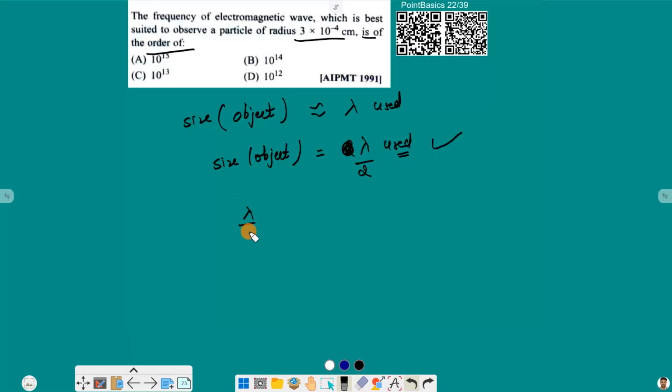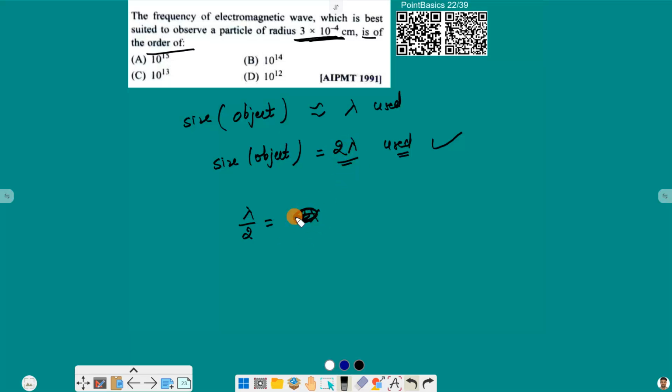So we are using an edge case. So lambda by 2 should be equal to the size of the object, and we have the radius of the object equal to this value. So the size of the object will be approximately its diameter, so lambda by 2 should be equal to twice. Sorry, correction here. Previously it was right that for the edge case, but we will take for a good approximation that the size of the object is twice the lambda.